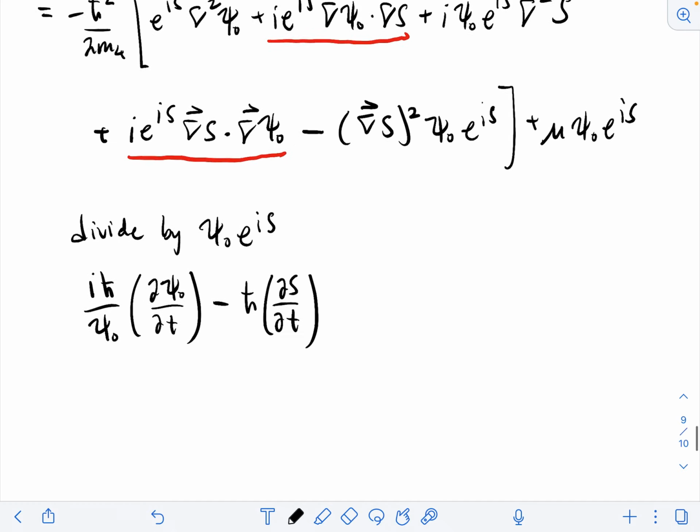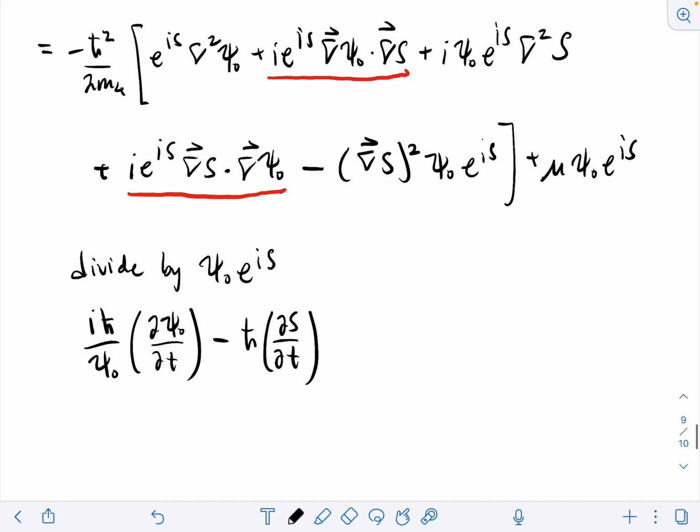And then we have the right-hand side, h bar squared over 2m. Okay, and so we're dividing by the wave function. So what we get is del squared phi 0 over phi 0. The exponential cancels.